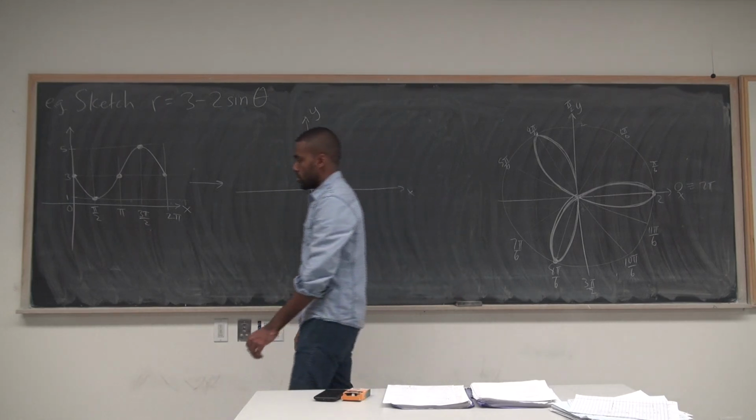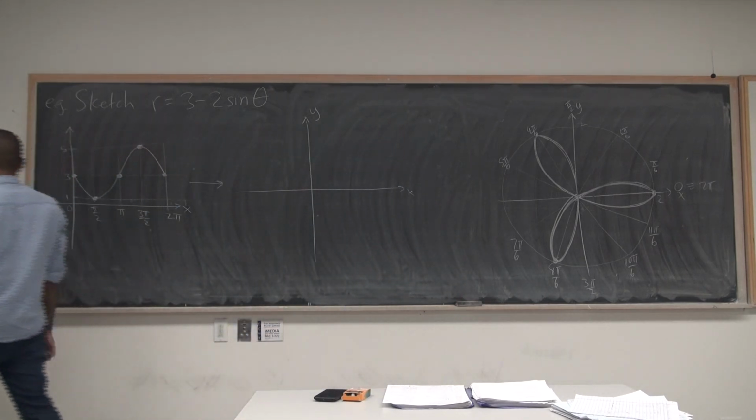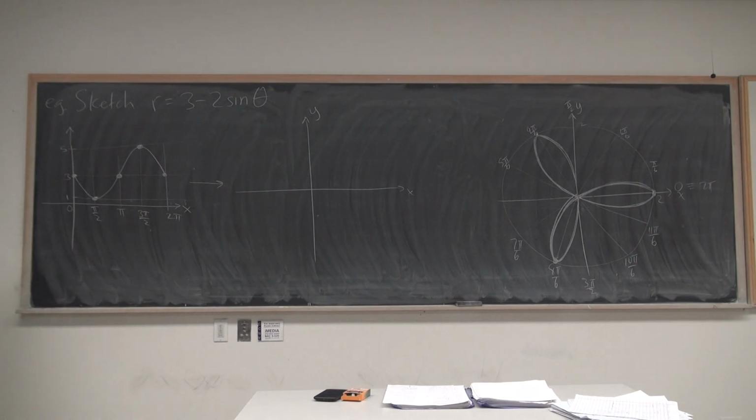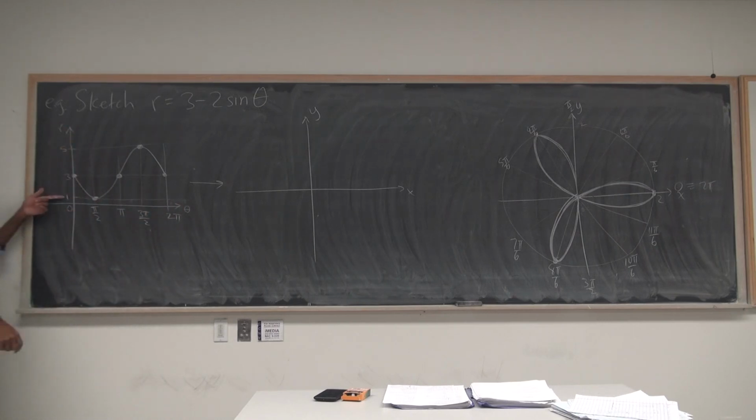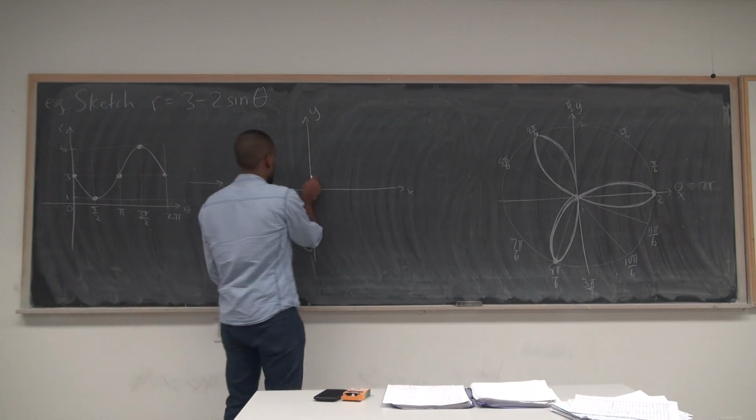Okay, so what's the first thing I do? I need to put my circles in. What radii will we put? This is theta versus r. I need a radius 1, a radius 3, and a radius 5, right? My main values on my y-axis will give me those radii.